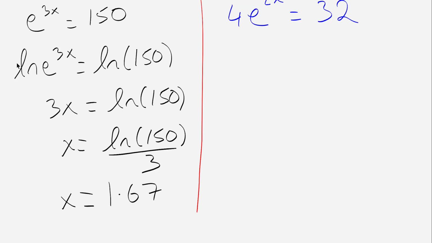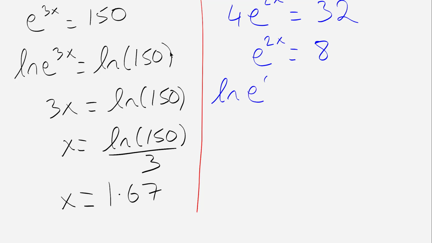In order for our log and our e to cancel here, we need to have the natural log of just e, not the natural log of 4e or the natural log of 5e. So what we want to do here is, first of all, divide both sides by 4. Dividing both sides by 4, we'll have e to the power of 2x is equal to 8. And now we can take the natural log of both sides.